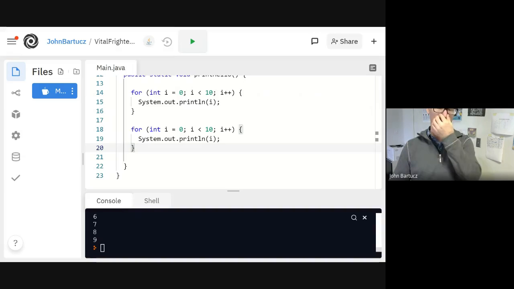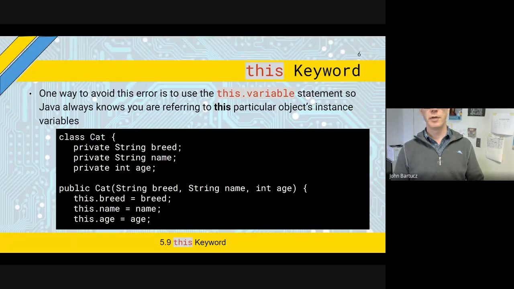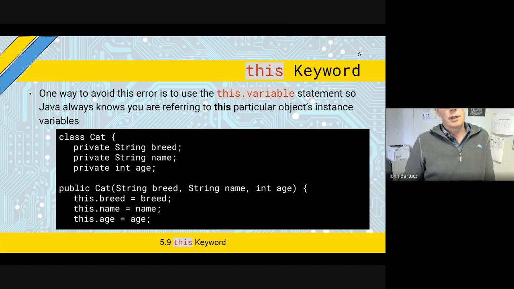All right, so the last thing, and again, this is going to be pretty straightforward for most of you, is the this keyword. All it means is I am referencing this object. Say you have a class called cat, and you have a breed, a name, and an age.